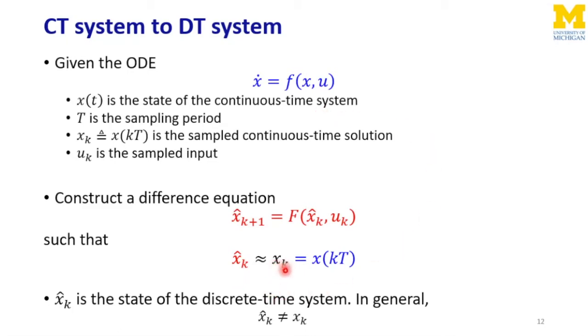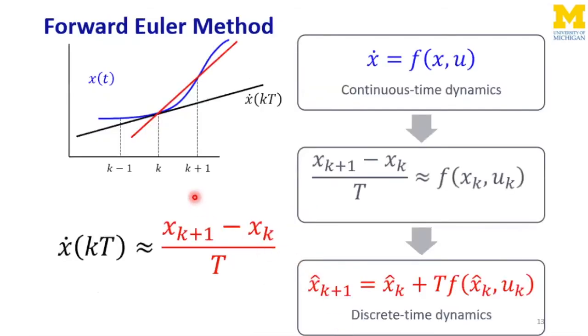And like I said, x hat k is the state of the discrete time system, and in general, it is not going to be equal to the continuous time system state. Our goal is to construct a discrete time system where we get as close to the continuous time system state as possible.